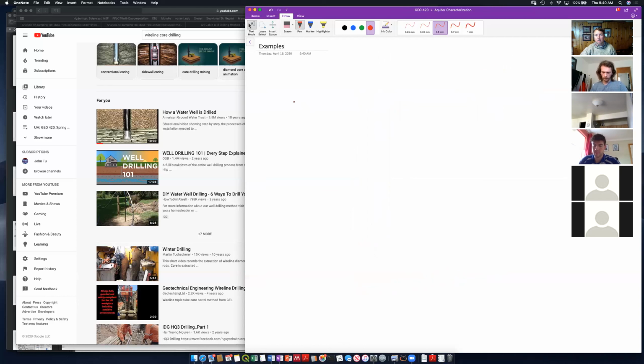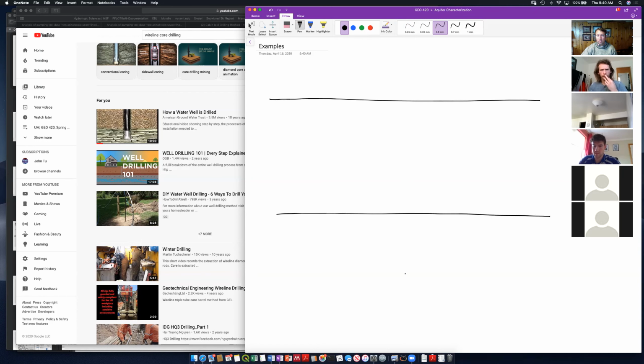So the first project was a project in Australia. And we were investigating this huge regional groundwater system called the Great Artesian Basin. The aquifer is recharged way up in the northeastern tip of Australia, in the tropics. And then this groundwater system flows underneath the whole interior of Australia, which is a big desert.